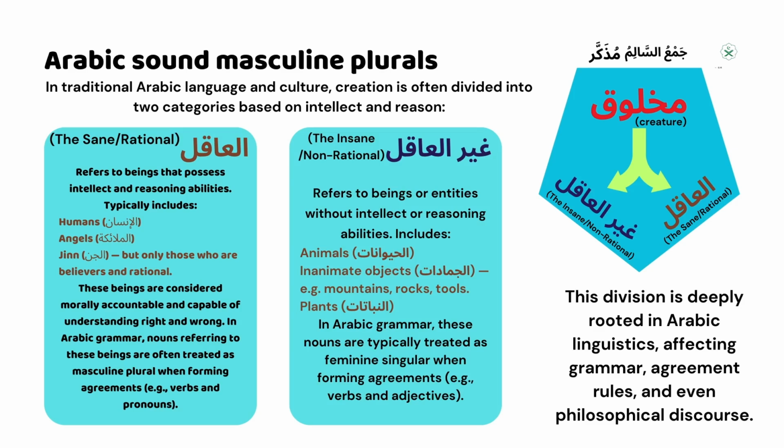These beings are considered morally accountable and capable of understanding right and wrong. In Arabic grammar, nouns referring to these beings are often treated as masculine plural when forming agreements, for example, verbs and nouns.